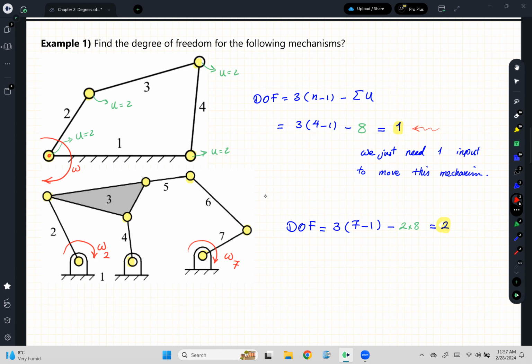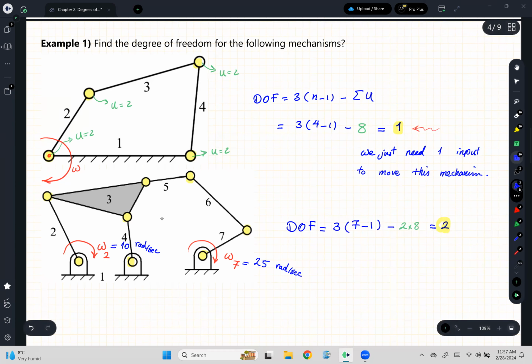Okay. So now, if somebody gives me this mechanism, and of course, besides the size of this link, tells me what omega 2 is, let's say it is 10 radians per second, and what omega 7 is, let's say it is 25 radians per second, I should be able to figure out what the speed of, let's say, point A is, or what the angular velocity of link 5 is.